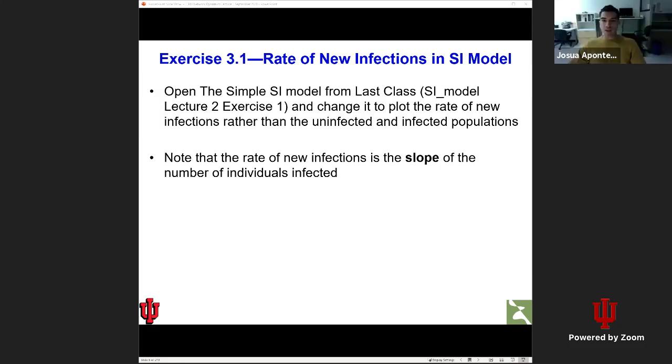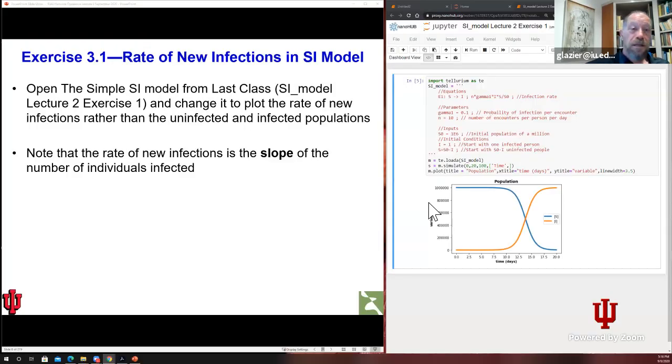James, we're still seeing your PowerPoint. Oh, okay. I'm sorry. Thank you for that. Sorry about that. I wish somebody would catch me sooner on that. Thank you. Sorry about that. Do you want me to step back? So please go to Jupyter Notebooks on Tellurium. Open SI model lecture 2 exercise 1, which is what we had here.